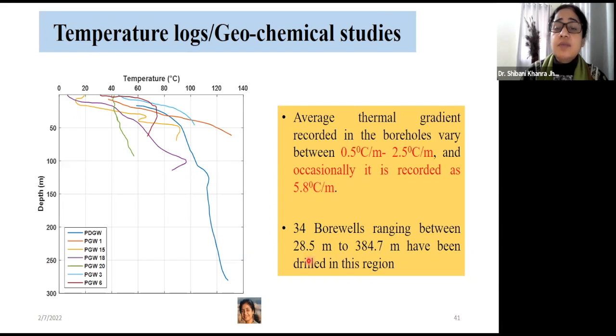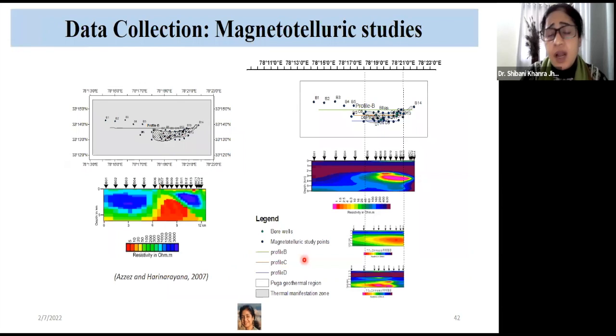Now, these bore wells ranged within shallow depths, from 28.5 meters to 384.7 meters. There was another information base available in terms of magnetotelluric study, which, again, I told you, is resistivity data for the entire zone.